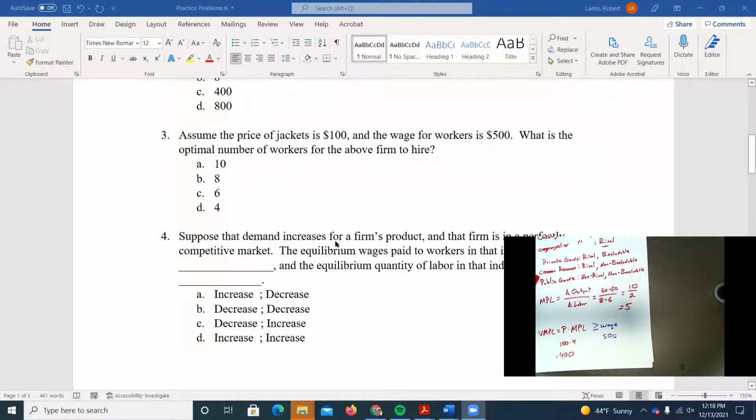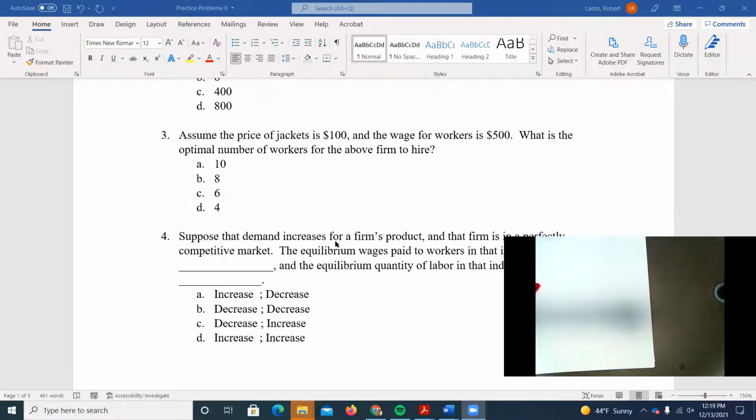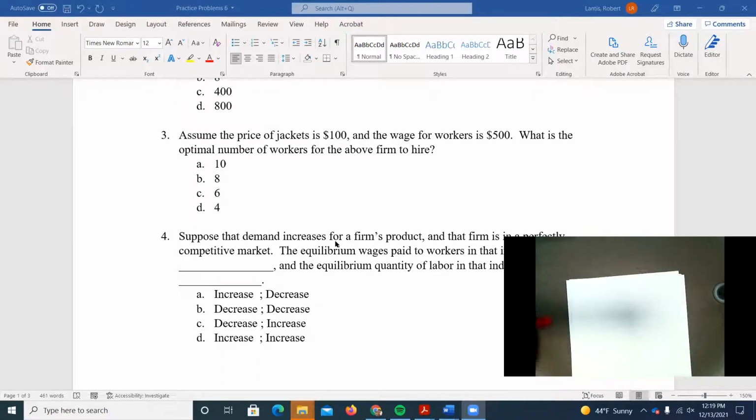So suppose instead that we've got demand increasing for a firm's product and the firm is in a perfectly competitive market. Excuse me. The wages paid to the workers in the industry will blank and the equilibrium quantity of labor in that industry will blank. So here is an example where we were trying to tie together both the product and the labor market.